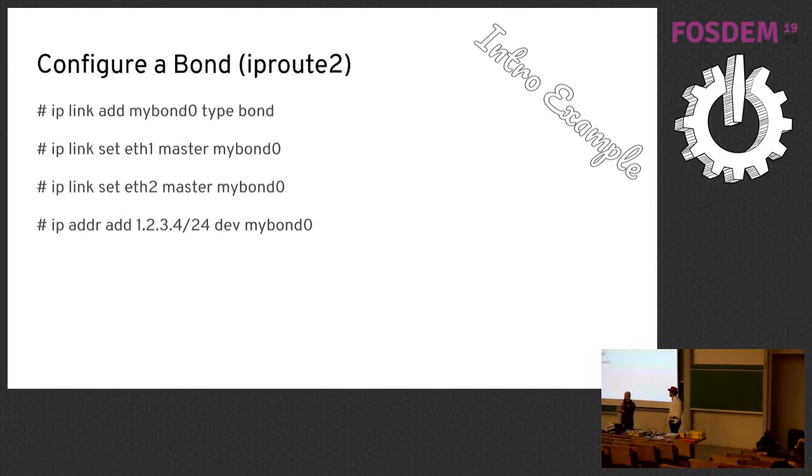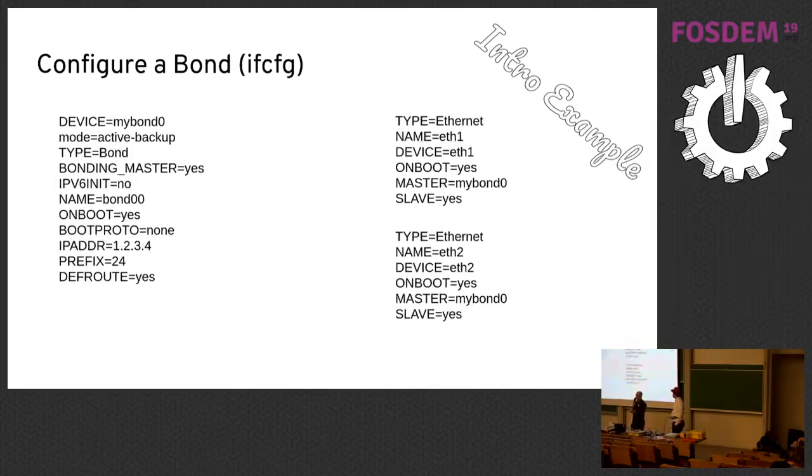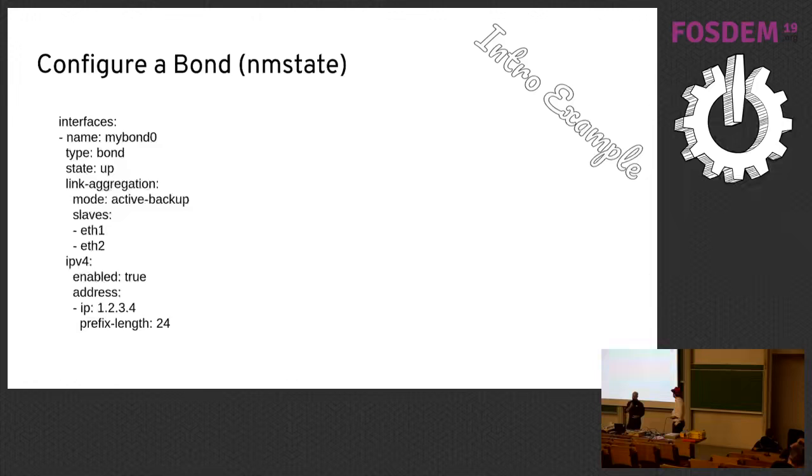You can do this with iproute2, and you can do this with ifcfg files. It's usually three ifcfg files, one for the bond, and another two for the slaves. And you can do that with what we suggest, which is NMState, in which you declare in a YAML or JSON format what you want, and then it just does the work for you behind the scenes.